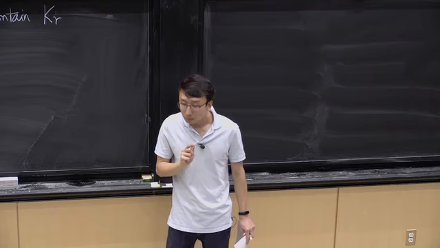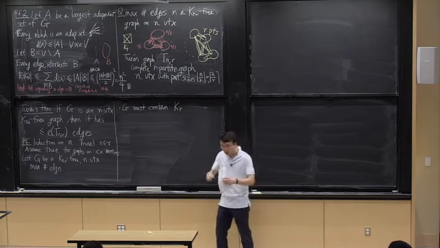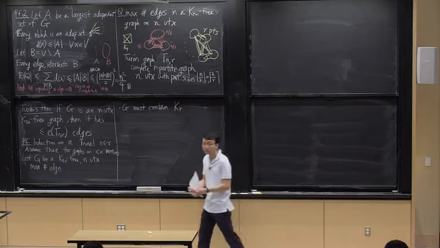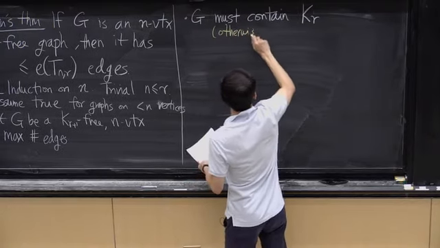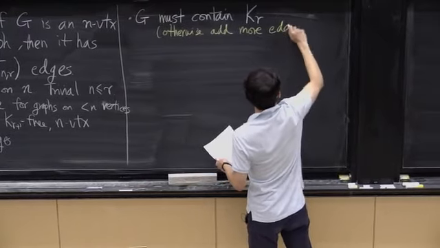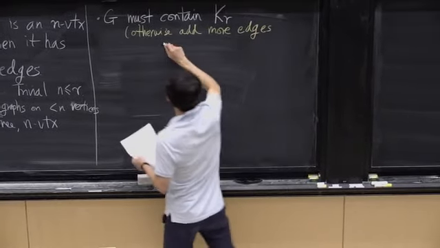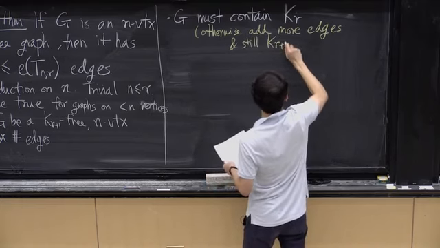So think about that. If G does not contain a clique on r vertices, then I can add in more edges, and I can still maintain the property of being K_{r+1}-free.